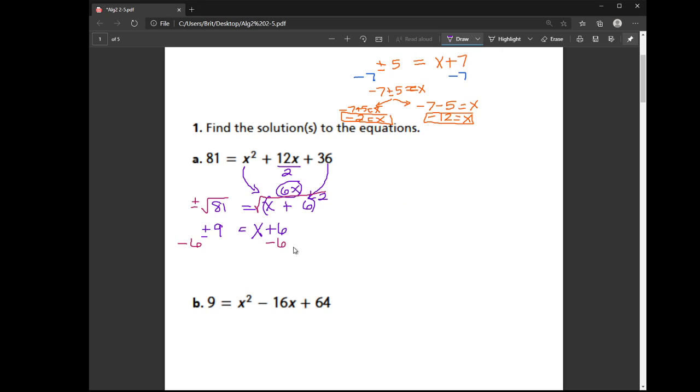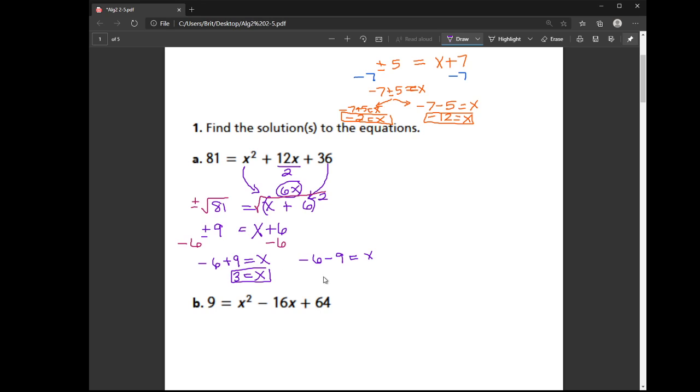And so I'm going to just go ahead and do the split right away instead of rewriting it all. So I get negative 6 plus 9 equals x. And I get negative 6 minus 9 equals x. So this left-hand equation gives me a 3.